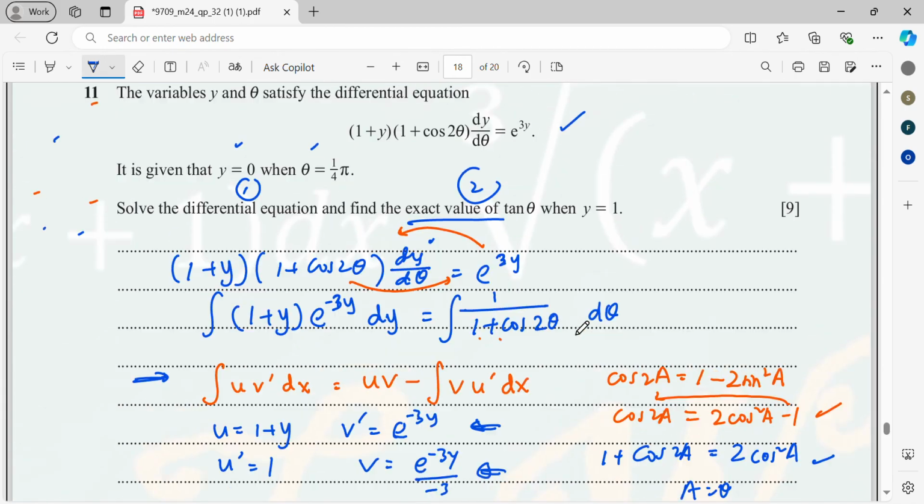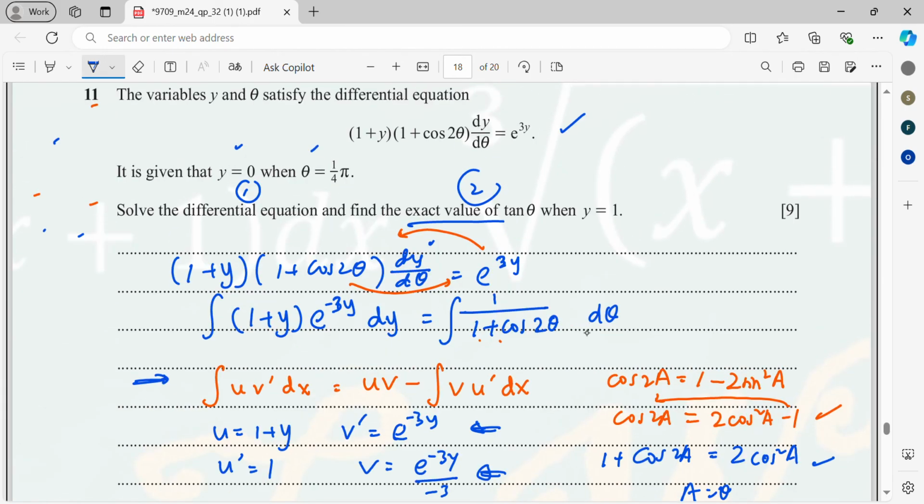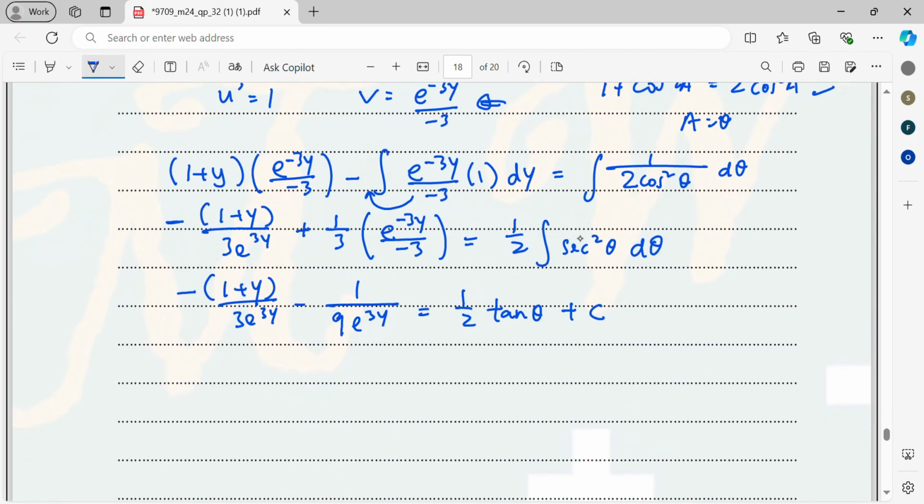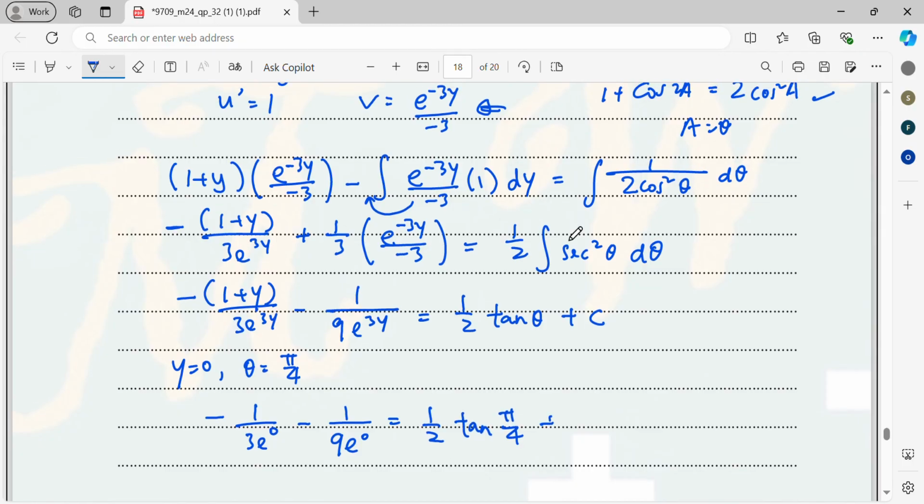Okay, after this, replace the y and theta value. So y is 0, theta is pi over 4. Then here I will be getting negative. So y is 0, means 1 over 3e to the 0 minus 1 over 9e to the 0 equals to half tangent pi over 4, then plus c.